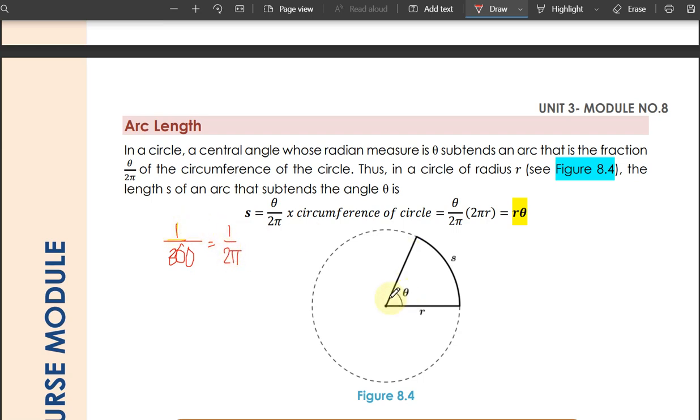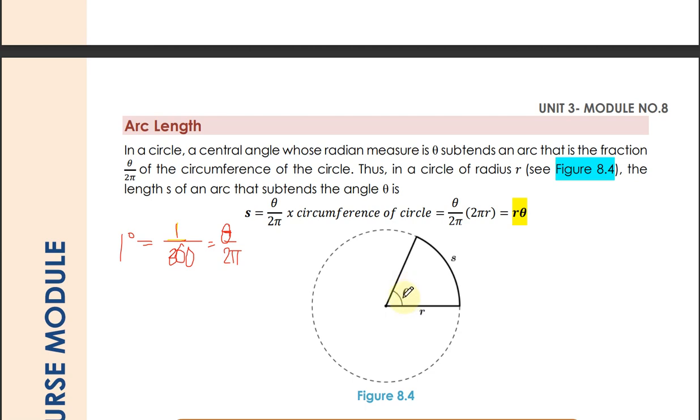So 1 here is your angle, the 1 degree. If you have an unknown degree here, this will be treated as theta, the angle, I mean. This is not a degree, it is an angle. So the angle here is in radian.